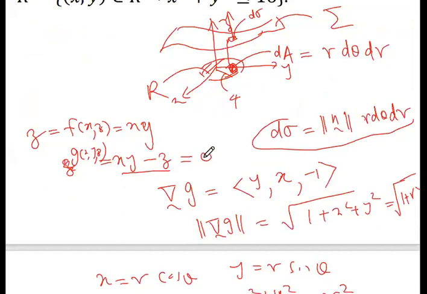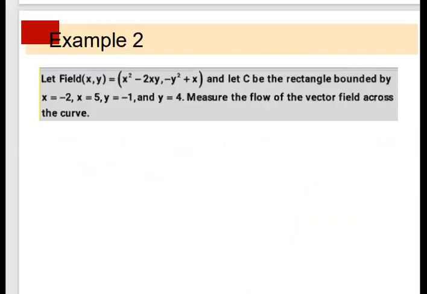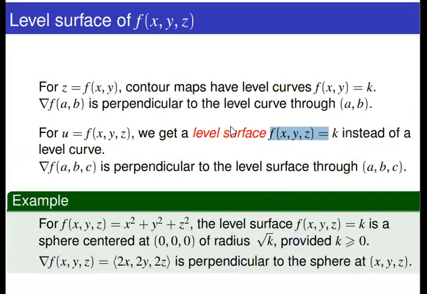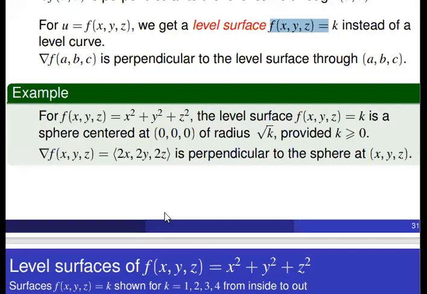The function is equal to a constant here, so this is a level surface. Then the gradient of f is perpendicular to the level surface.